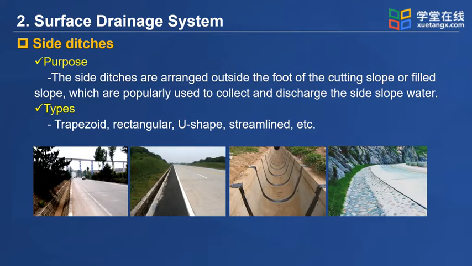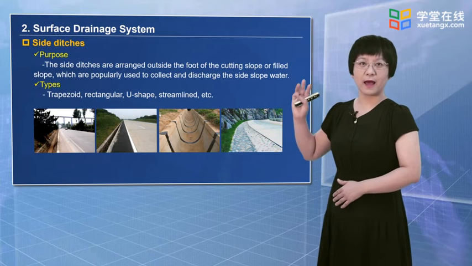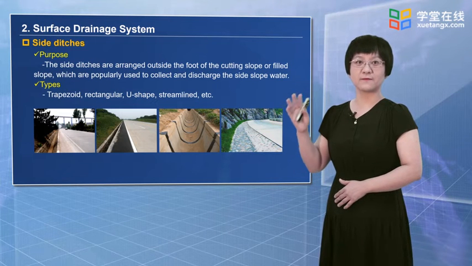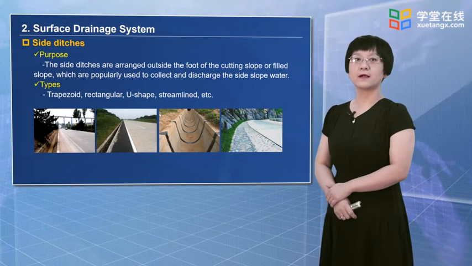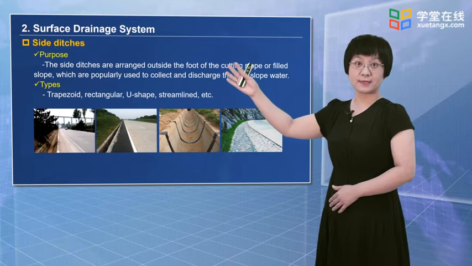Let's look at the surface drainage system. The main facilities of surface drainage include the following types, such as side ditches, interception ditches, etc. Next, I will introduce each surface drainage measure. First, the side ditches.